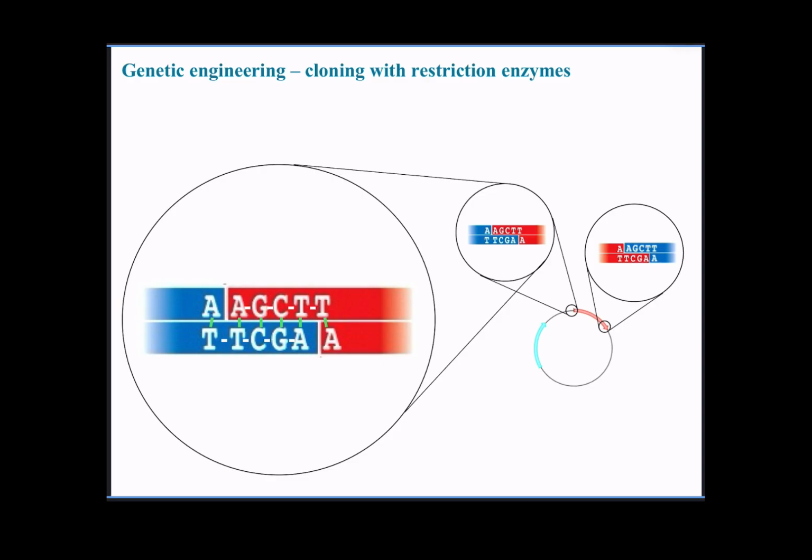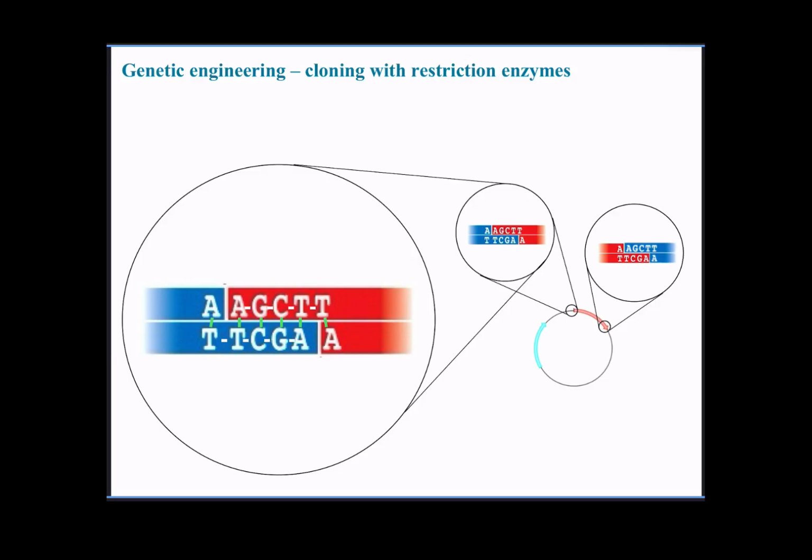So after there's been this base pairing of the insert of interest into the vector, what we would see if we were to look a little closer is that there are all of these base pairs between the corresponding complementary nucleotides of both molecules.